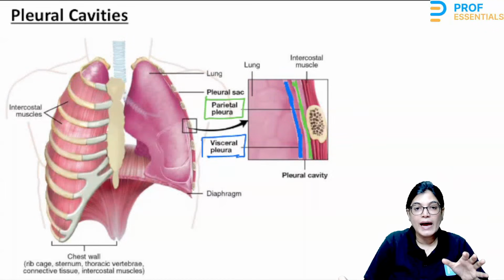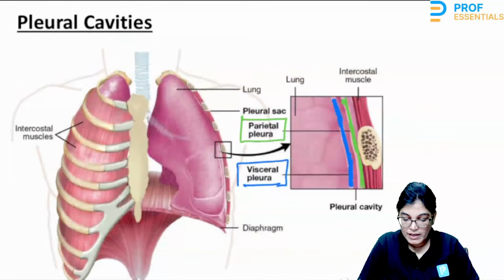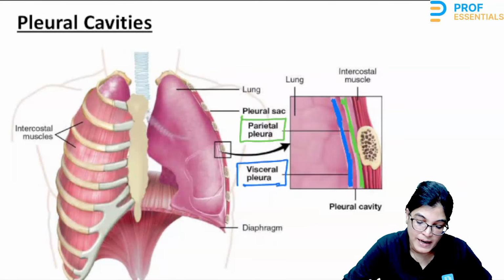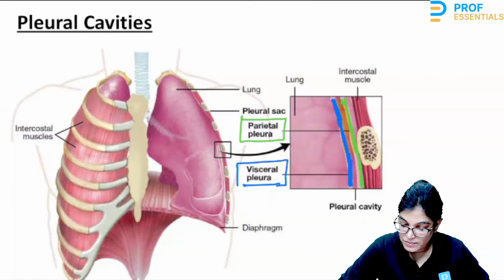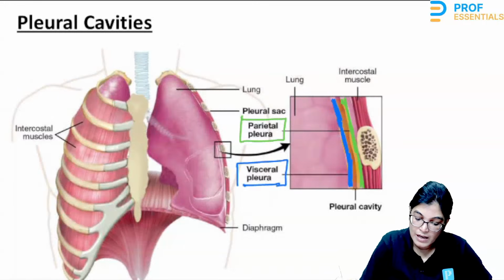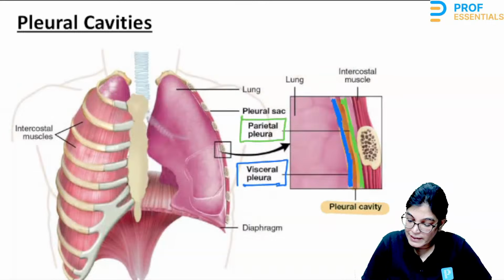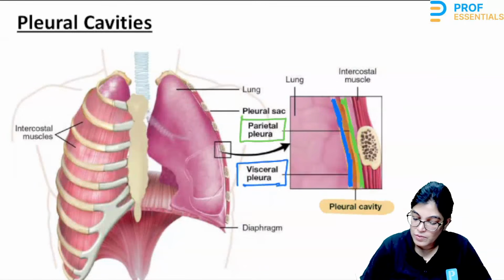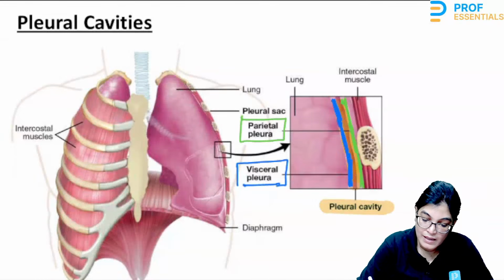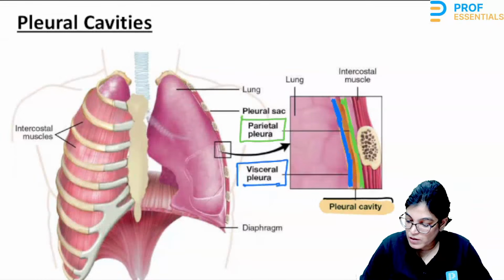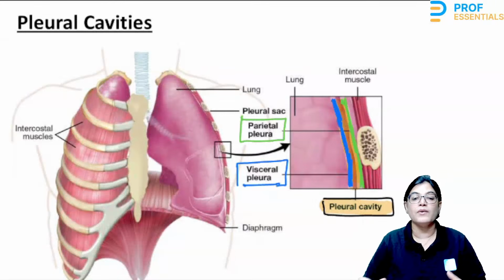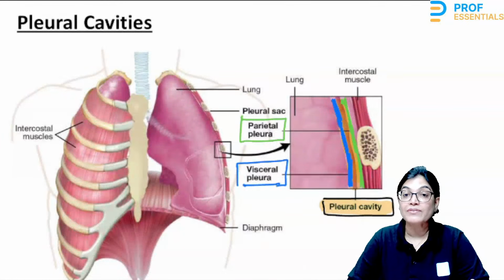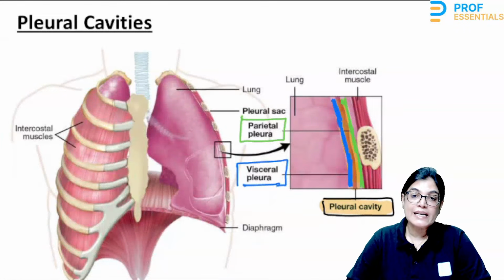If we enlarge it more, in between the parietal and the visceral pleura, we have this space. I'm highlighting this space: this is the pleural cavity which you are seeing. This is how you can understand. It's also very important that you know the embryological aspect of how the pleural cavities and the serous part of the pleura are formed.